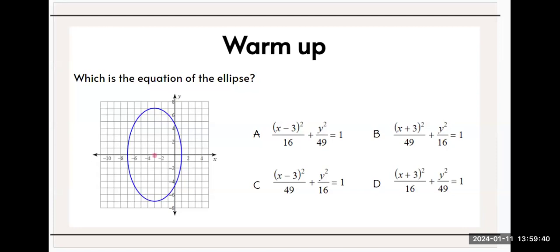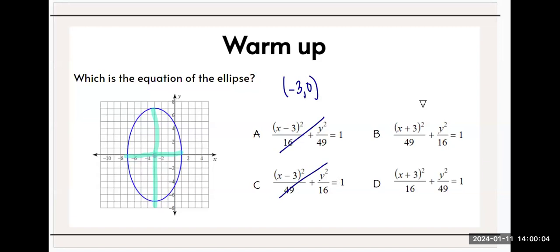Remember, we can use those two axes and find where they intersect. Did you remember to take the opposite of H and K? So it would be a +3. So neither A nor C, which nobody picked.